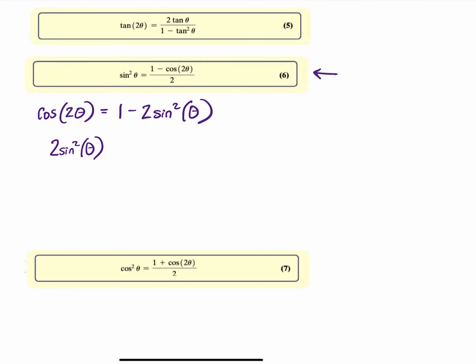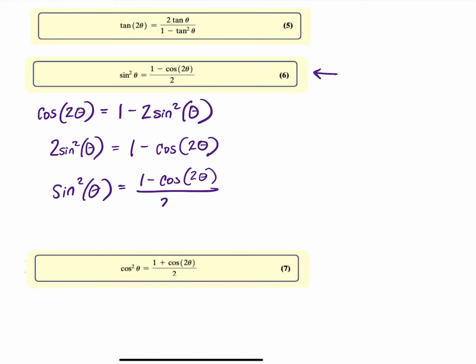So this can be re-expressed as 2 sine squared theta equals 1 minus the cosine of 2 theta. And then we can divide both sides by 2. So sine squared equals 1 minus cosine of 2 theta, divided by 2.